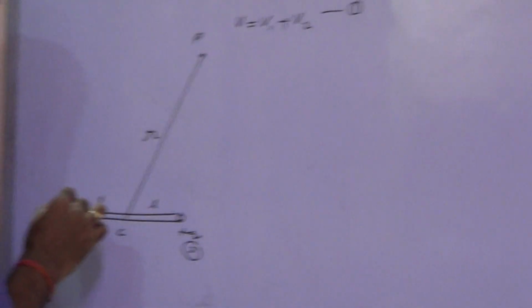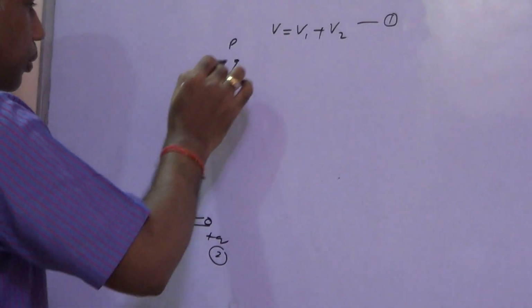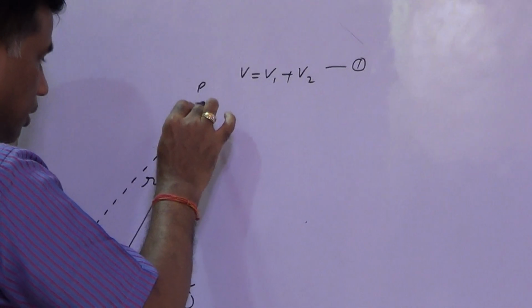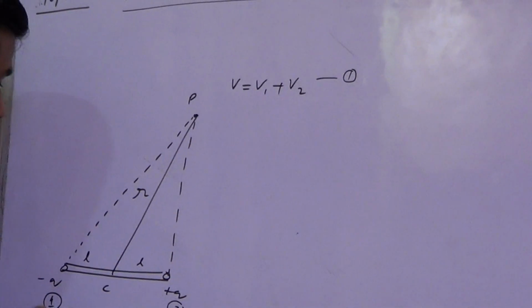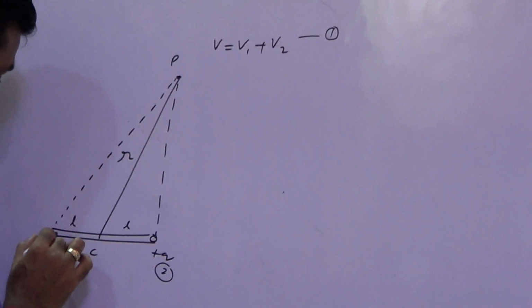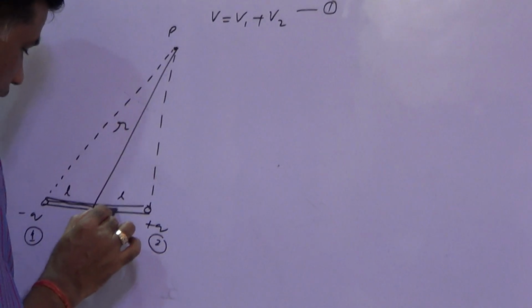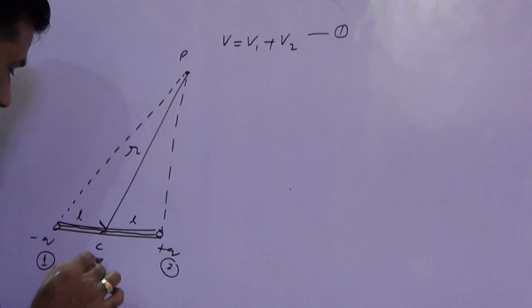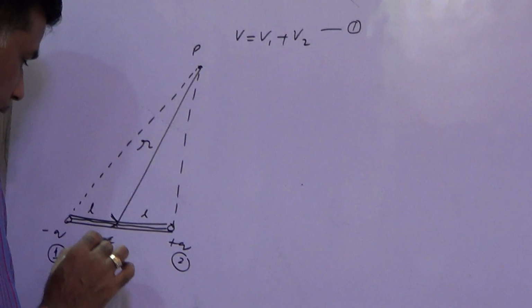Now, first we will join the point from both charges like this. The dipole moment is taken from negative to positive. So this is the direction of electric dipole moment p. It is taken from negative to positive.